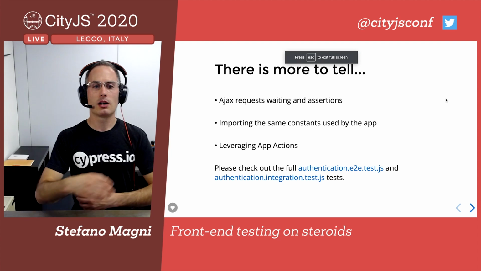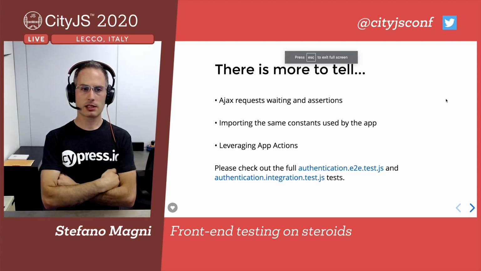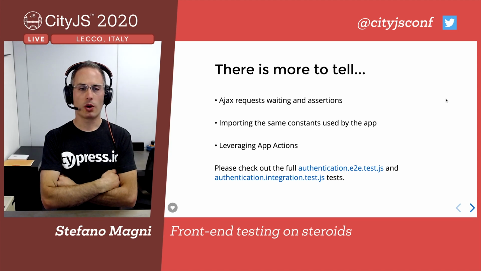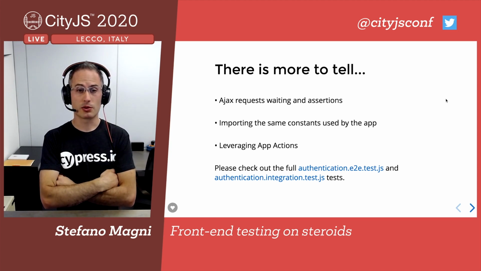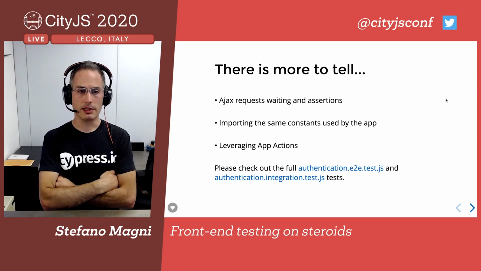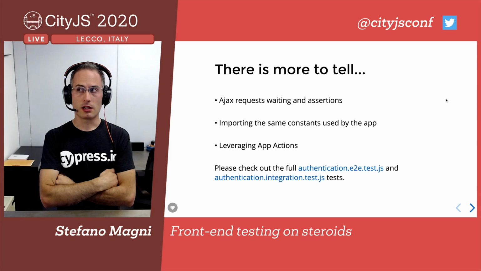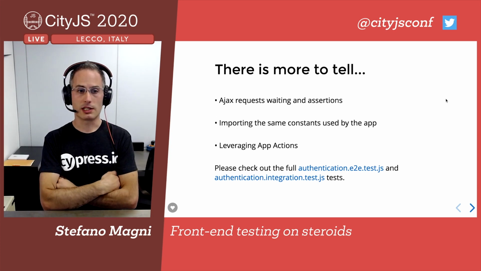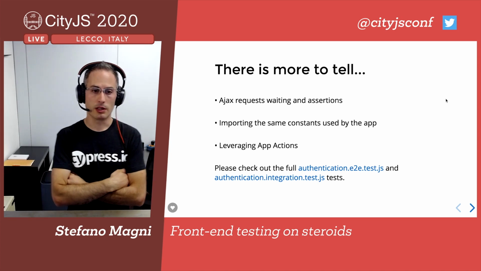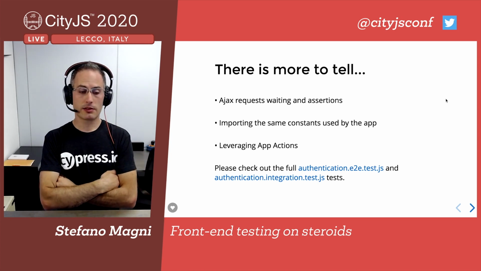There is a lot more to tell about Cypress, but again, in these 40 minutes, I want to concentrate on the most important features that allow you to improve your productivity, not only your testing capabilities, because developers always tell me the same, that they know the importance of the confidence the tests give, but they have no time.